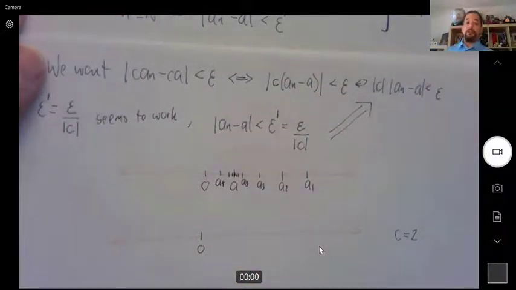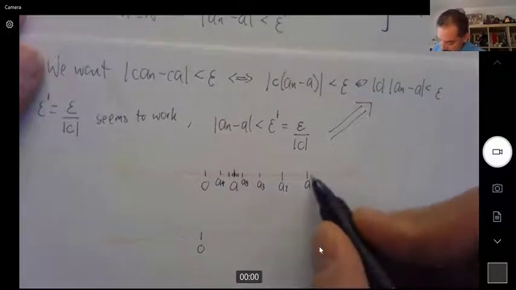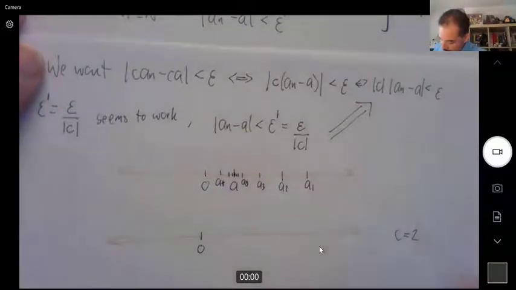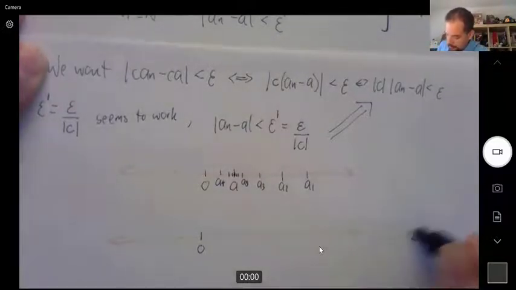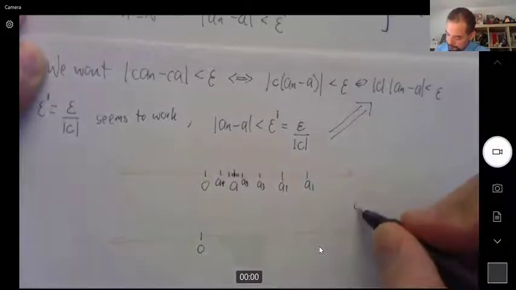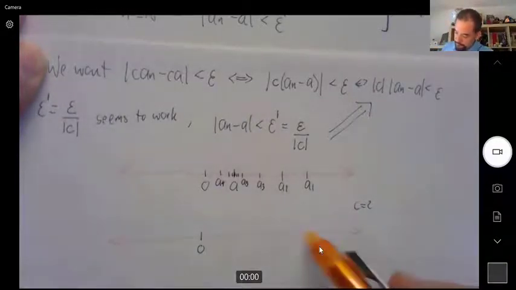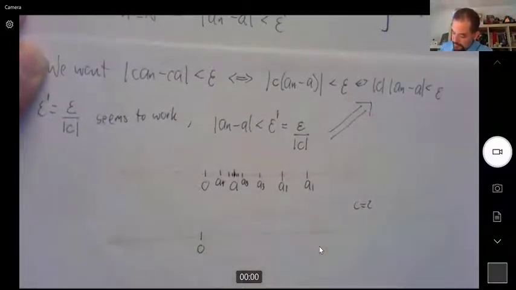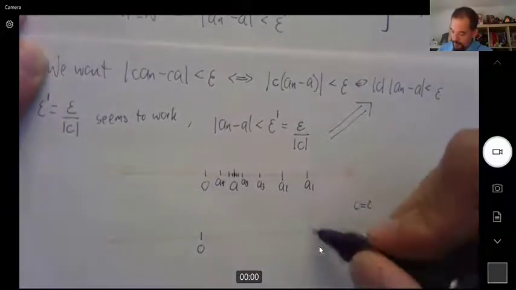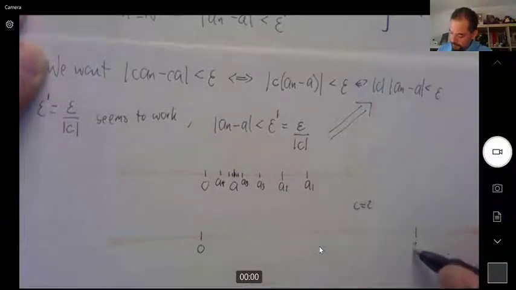And then what we're now considering is a new sequence, which is twice the original one. So this number 2a1 is going to be all the way over here. Let me make my picture. This number a1 is going to be now over here. It's 2a1.